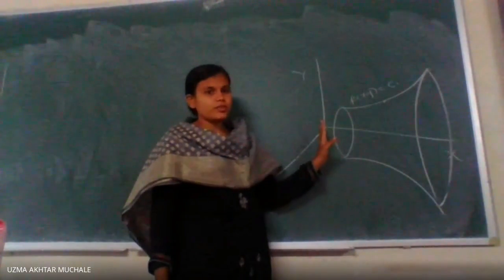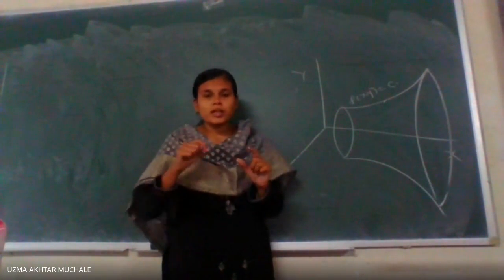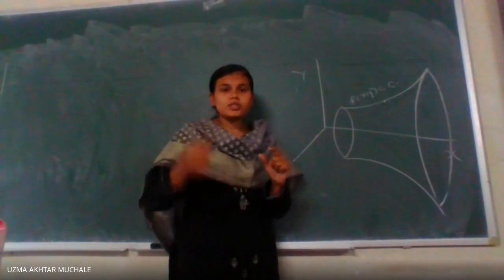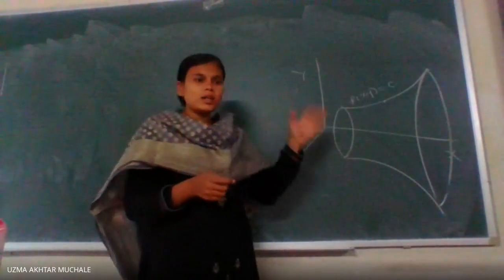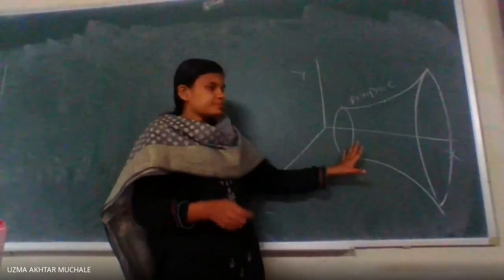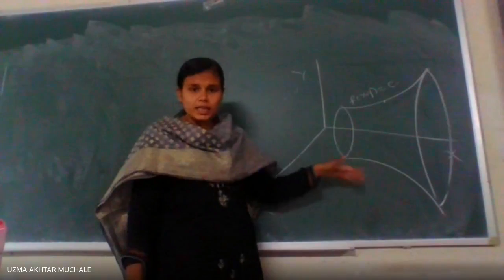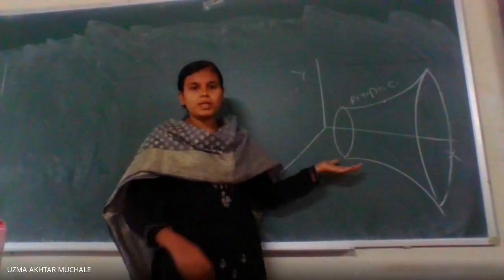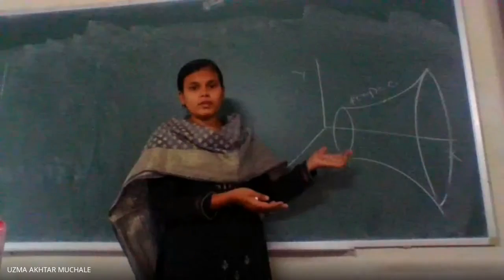But here we know only the points on the curve. Now we have to find what are the points on the surface. With the help of the points on the surface, we'll write down the equation of this new geometric object. After writing the equation of the new geometric object, then we'll verify whether dg is equal to 0 or not equal to 0.